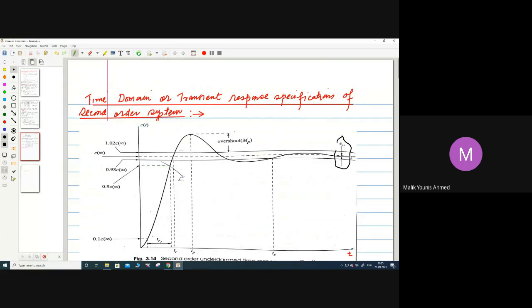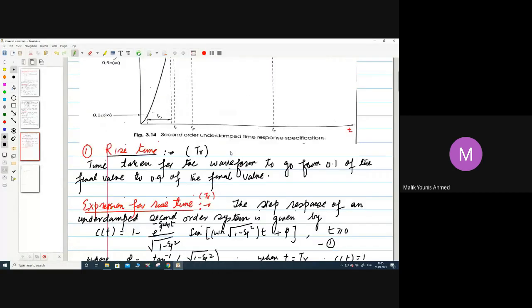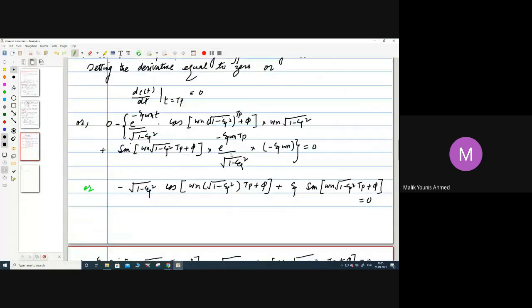Even though it's settling somewhere here, because of the tolerance, settling time is considered within 2% to stay within the final value. So how much quantity the step response moves from this peak to the steady state value, that is called the overshoot in case of a second order response.